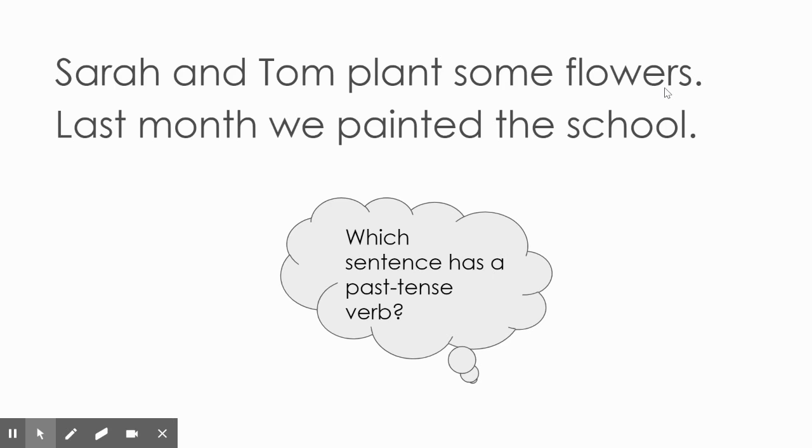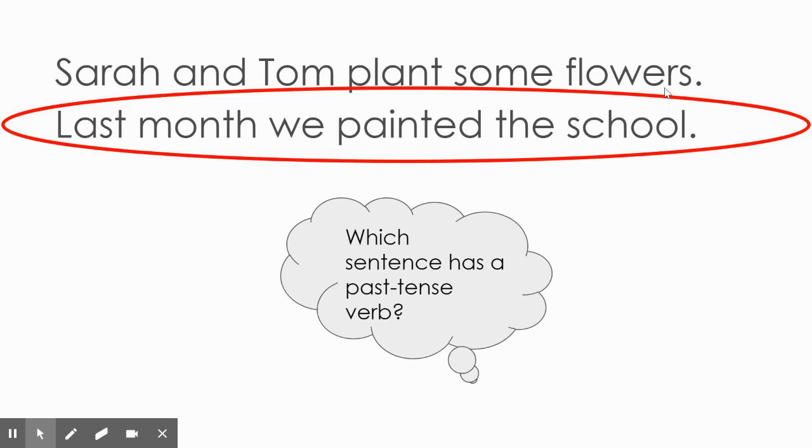Which of those sentences tells about something that has already happened? The sentence, last month we painted the school, tells about an action that happened in the past. So this sentence must have a past tense verb in it.